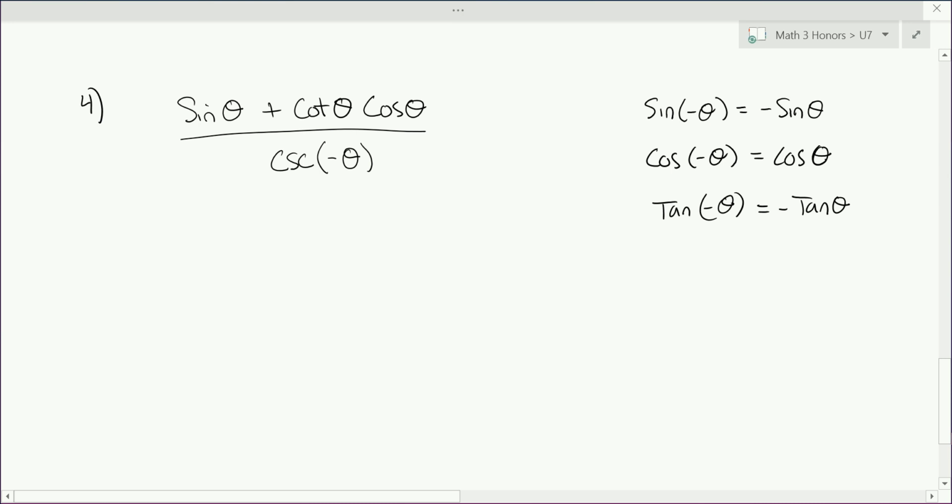Do you see it on your paper? On the formula sheet? And there's a reason behind that. I'm not going to go into that reason today, but we'll talk about that later. Why one's positive, one's negative. But here, a good starting point is maybe to change everything to sine and cosine.